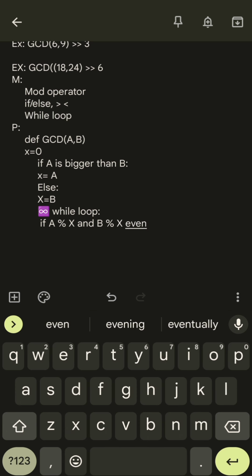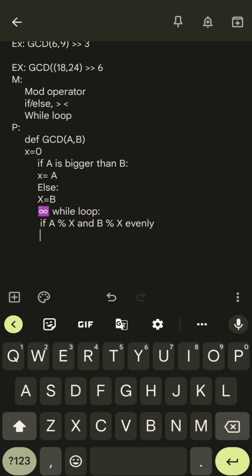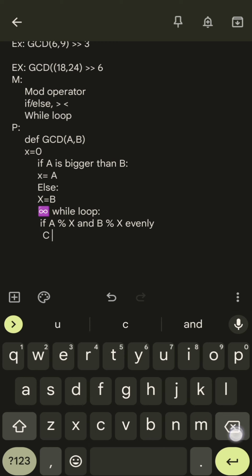So if it just so happens that our number works out perfectly, we're just going to return x. And that's pretty much what we're doing.